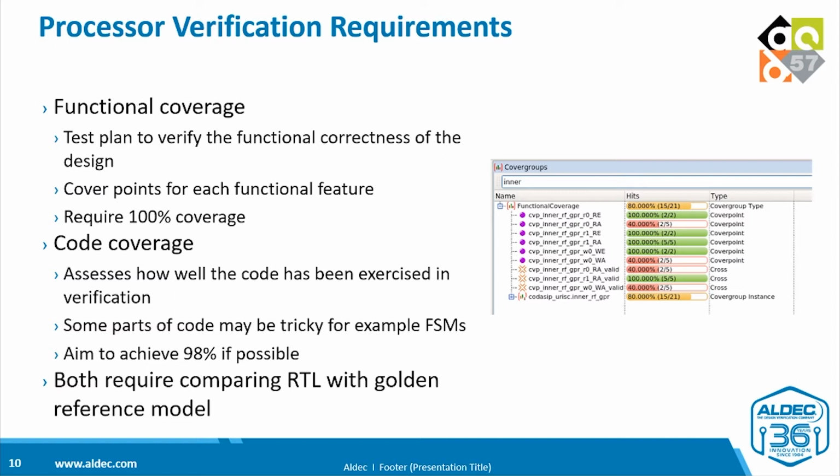Code coverage can be a little more tricky. This assesses how well the code has been exercised, and some parts of the code may be tricky, for example, state machines, but you're still wanting to achieve a high percentage like 90–98% if possible. And you need to compare your RTL against the golden reference model.